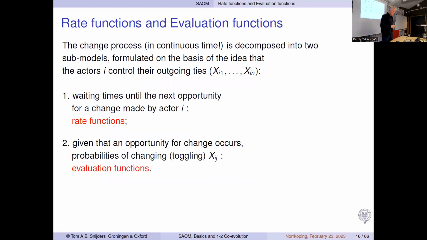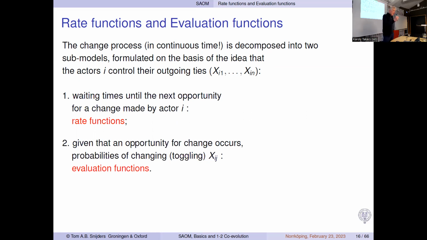The model is based on two components. One component is the rate of change. Since it is a continuous time model, you need something to tell you when changes occur, even if it is at random moments. And for example, it might be the case that one actor makes more changes or makes changes more rapidly than another actor.